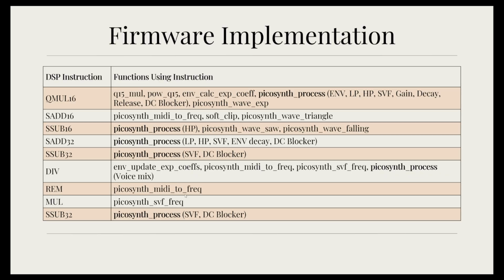Then I used saturating add and subtract for mixing, clipping, and filters so values stay in range without overflow artifacts. Finally, I replaced expensive software divide and similar operations in frequency and coefficient calculation.